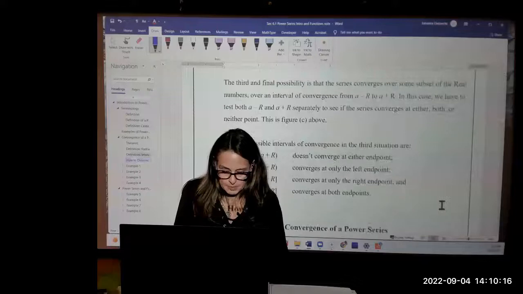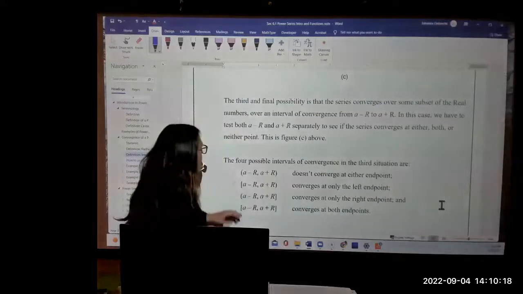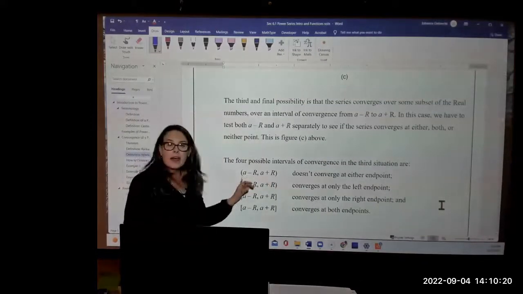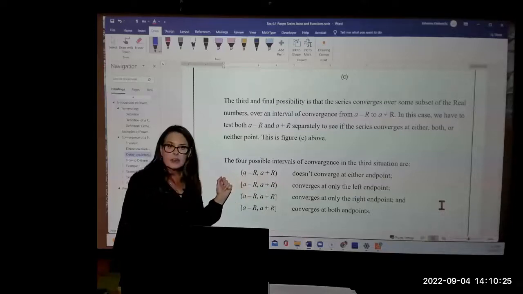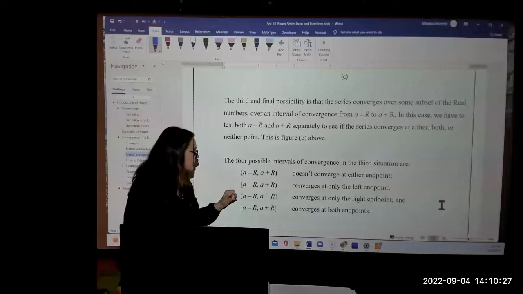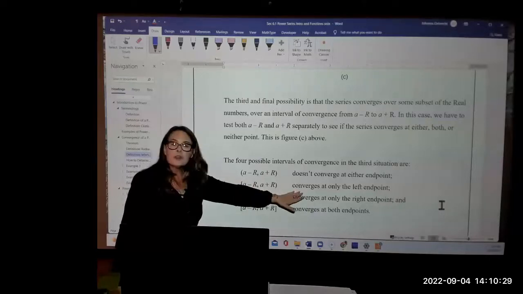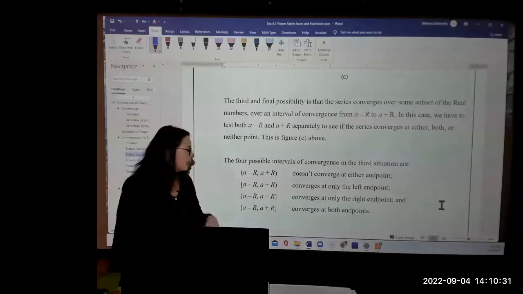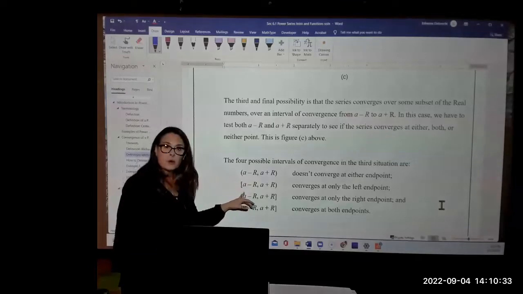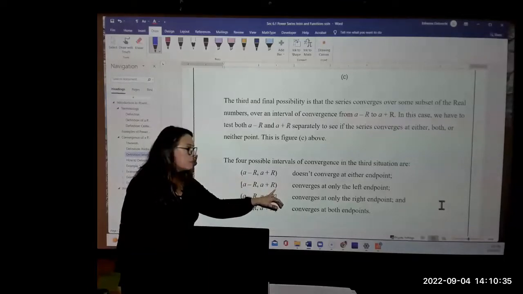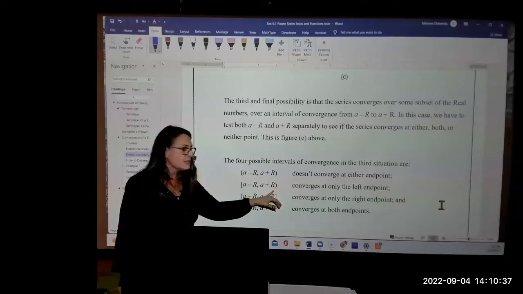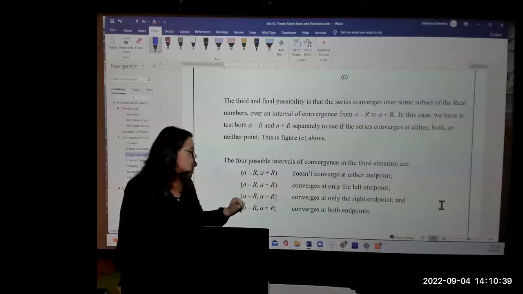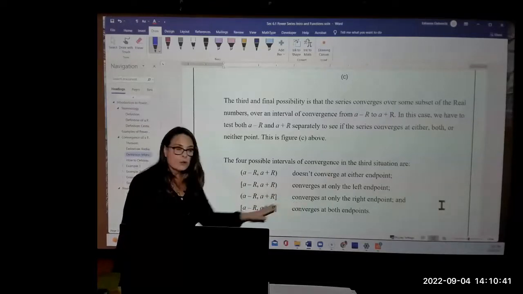The 4 possibilities are, it doesn't converge at either endpoint, and this will definitely be the case if it's a geometric only type series, but it could also converge at only the left endpoint, A minus R. So this would be a square bracket, but it would be a round parenthesis on the right because it doesn't converge on the right, or it could converge only at the right.